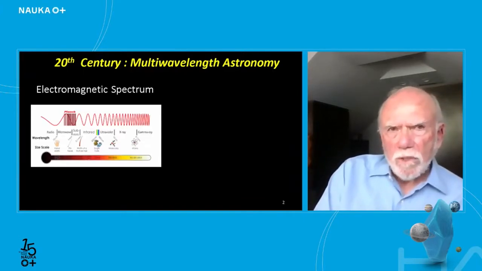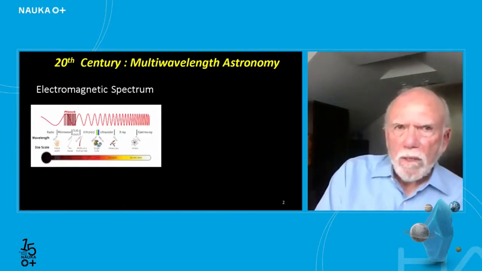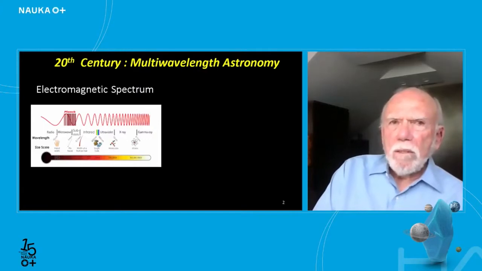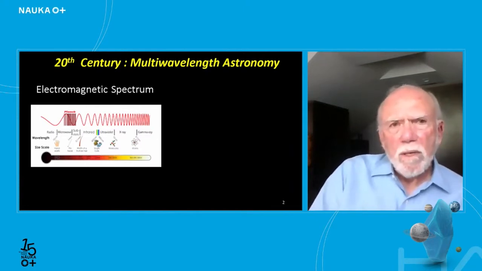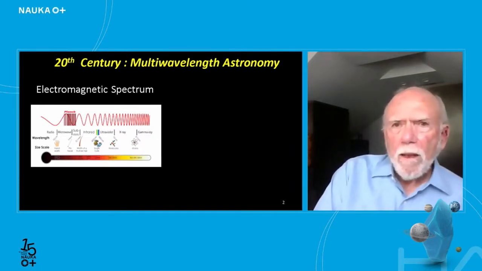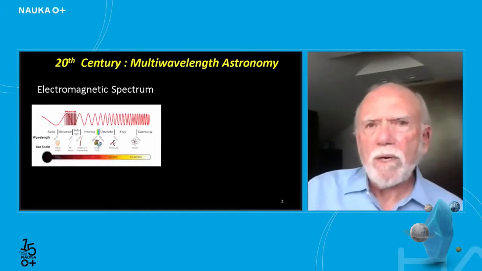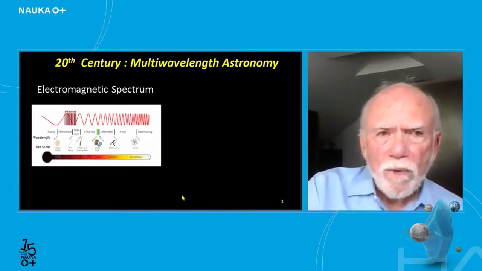In the 20th century, if I wanted to characterize the one advance that helped move astronomy forward, there were many great instruments and singular discoveries, but the one thread that goes through everything and the one feature that helped the most in studying the electromagnetic spectrum is that we learned how to not just look in the optical wavelength like classical astronomers did, but look at all the different wavelengths.